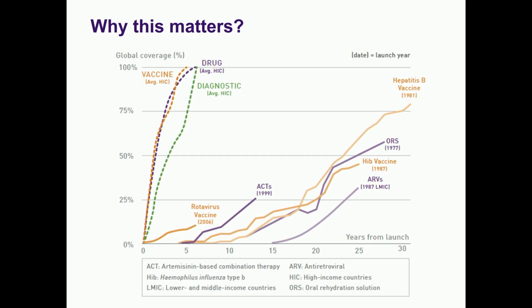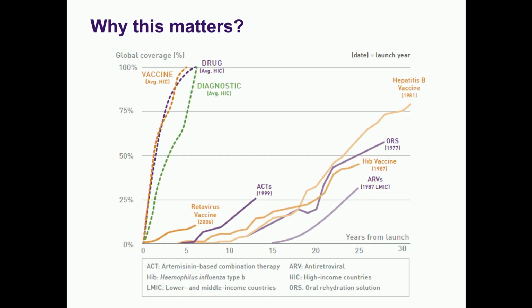And so you have vaccines that could save millions of lives that take 30 years to actually achieve market coverage. You have antiretroviral therapies, oral rehydration salts, really thinking about how do we get that slope of the curve to look like the very steep ones you see on the left.